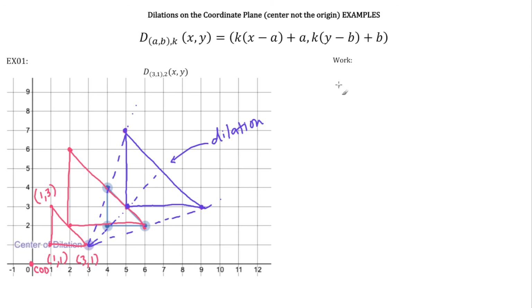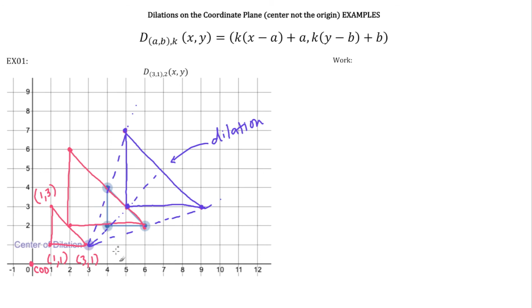So first thing I'm going to do is I'm going to take, this is an x and a y. So I'm going to label these points. Oh, wait. That wasn't my original point.